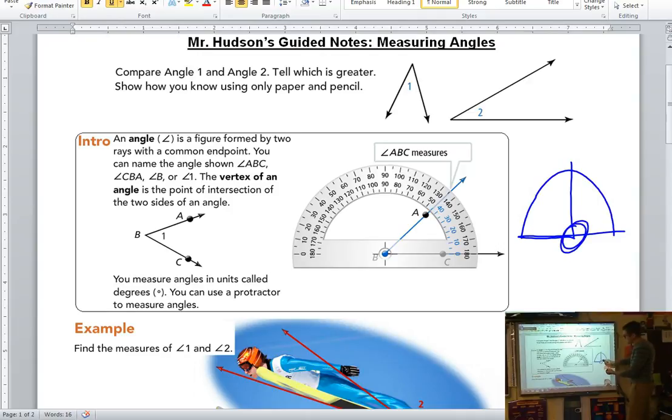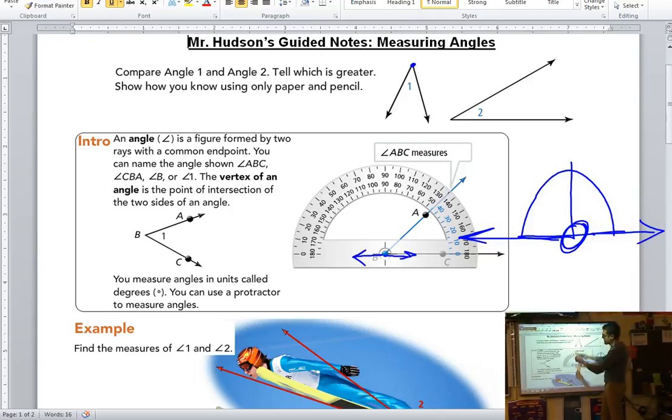You want this point right here to line up on the vertex of your angle, and then you want one of your bottom lines, either this bottom line or this bottom line, to line up with one of the rays of your angle.